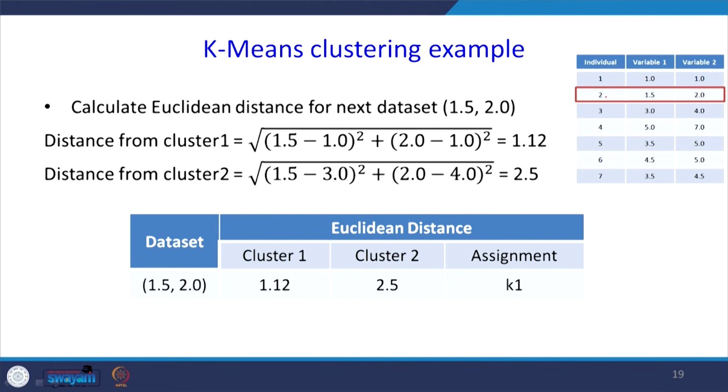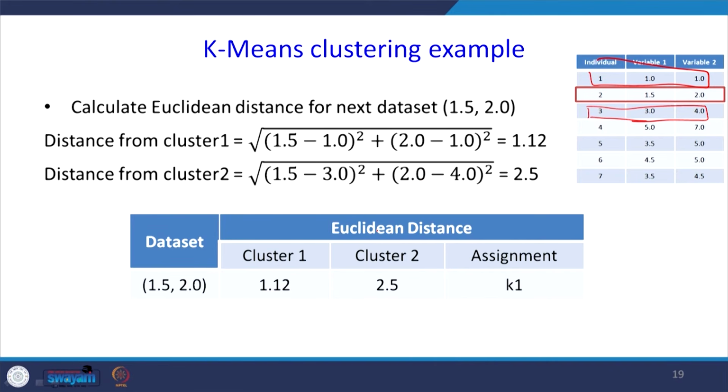So, the distance from cluster 1 is (1.5 minus 1) whole square plus (2 minus 1) whole square. The distance from cluster 2, because 1 and 3 were our initial clusters, you have to remember this, is (1.5 minus 3) whole square plus (2 minus 4) whole square.